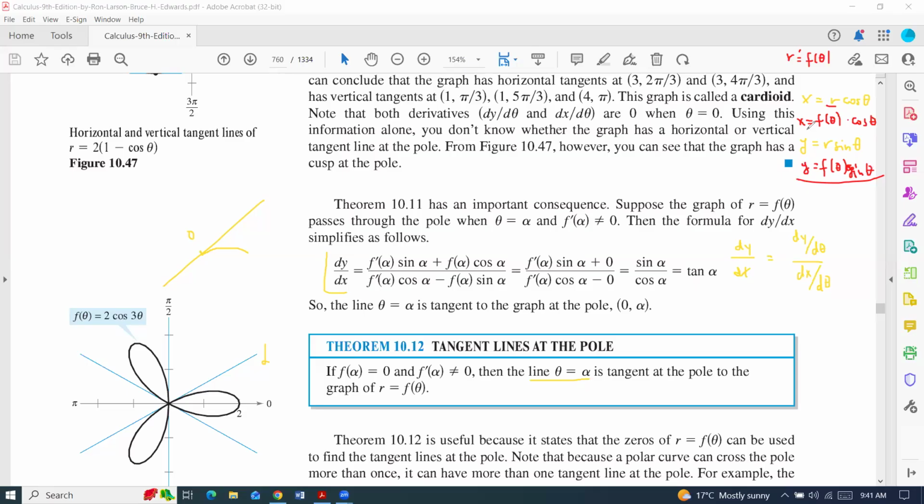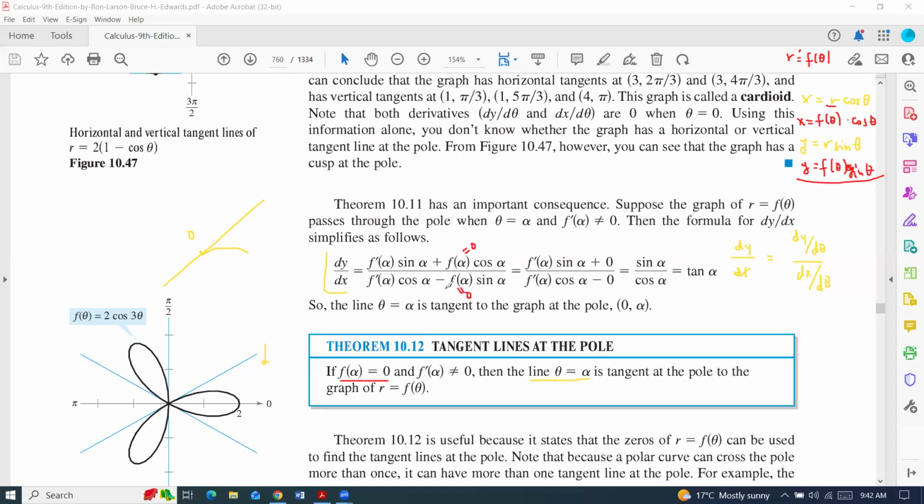And analogously for the denominator, we have to take the derivative dx d theta. So I differentiate again a product of two functions of theta. So the derivative of the function f times cosine, and then the derivative of cosine is negative sine, so that'd be minus sine times f of theta. And notice that since f of alpha is going to be a pole point, f of alpha is going to be 0 here and here.